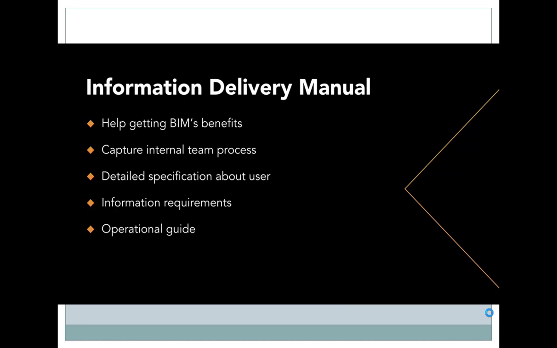To summarize, an information delivery manual provides help in getting the full benefit of BIM for the delivery team. It is a document that captures internal team processes and gives a detailed specification about the project information a user fulfilling a particular role would need to provide at a particular point within a project.